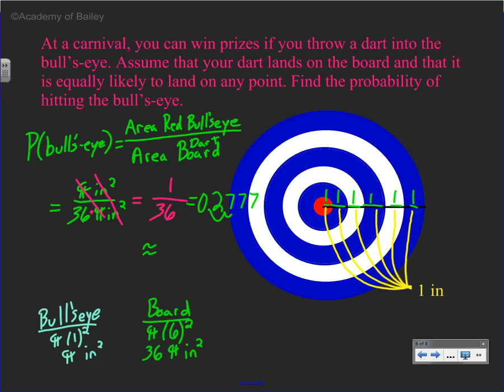Change this to a percent by moving 2 places to the right. 27 point, and we notice this 7 will round this one up. 27.8%.